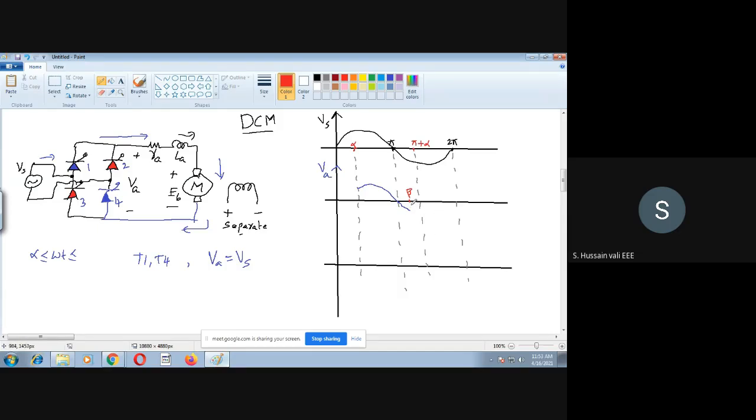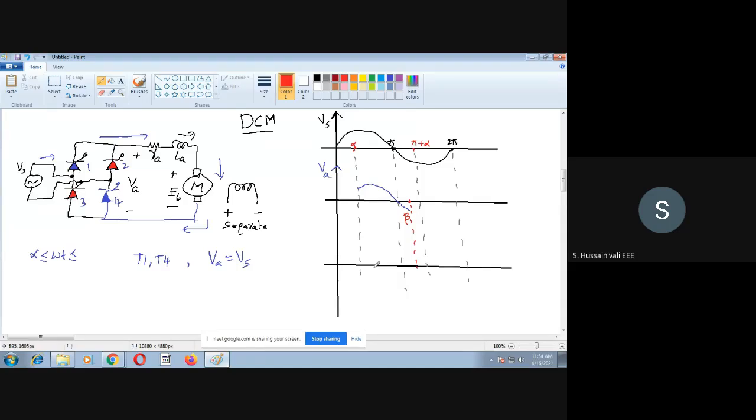So at beta, the energy in the inductor LA becomes zero, and after beta, the current in the inductor is 0.